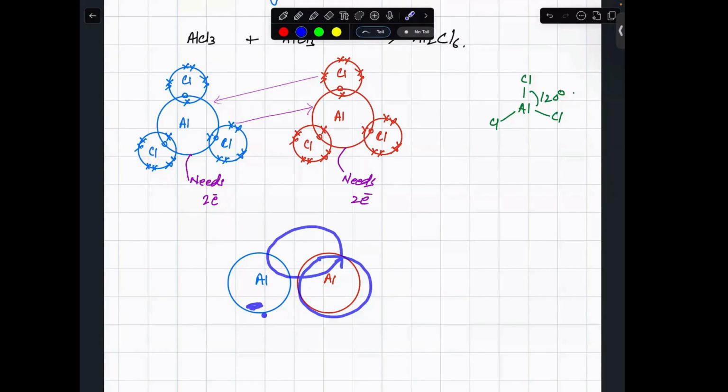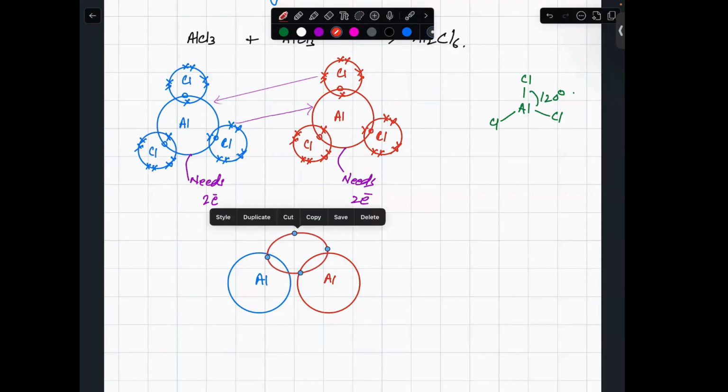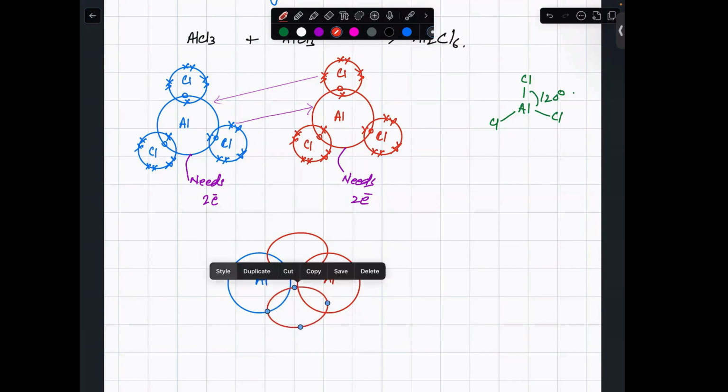The chlorine of this will overlap this way. Look. Another. This is chlorine.